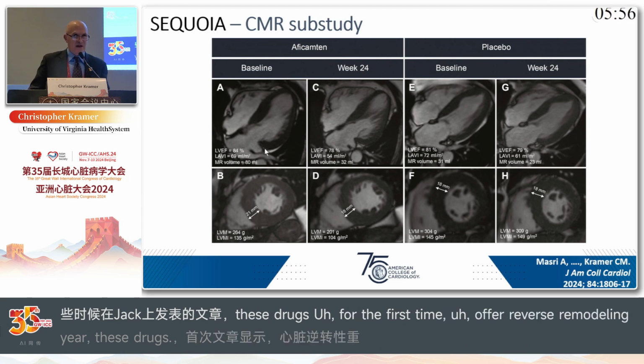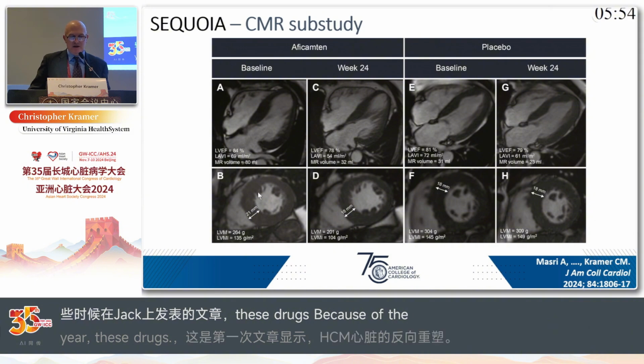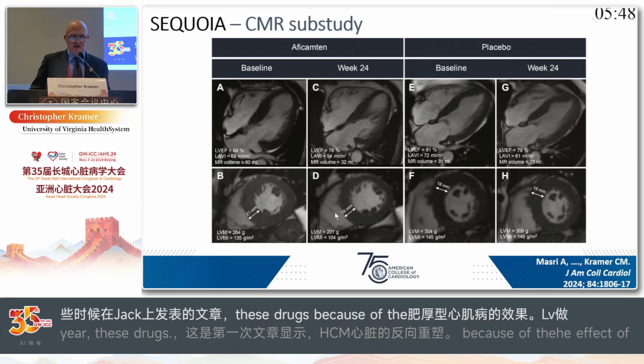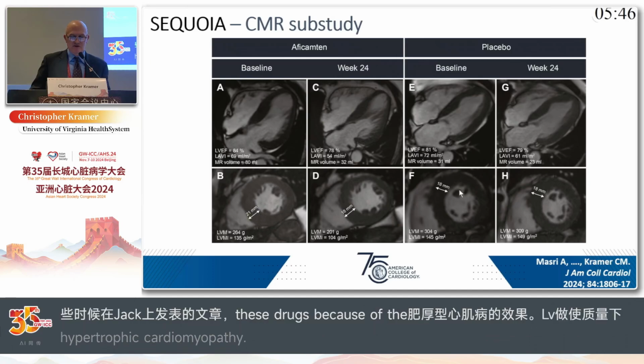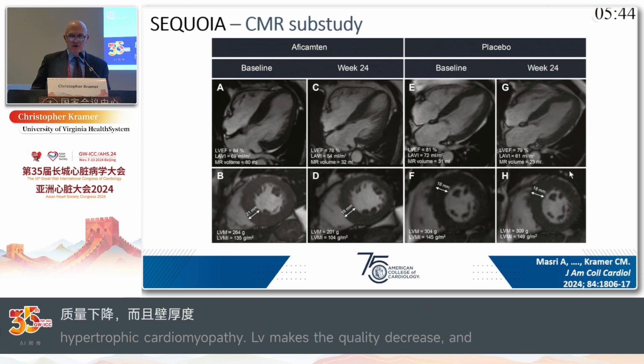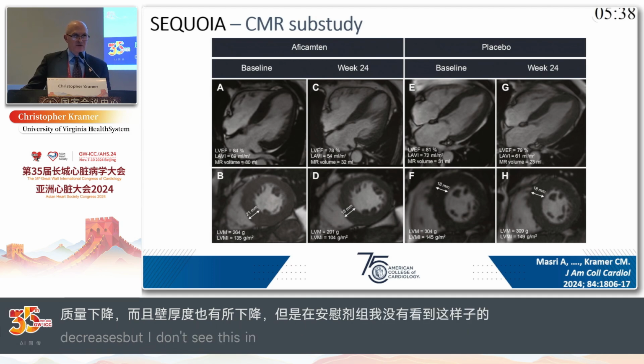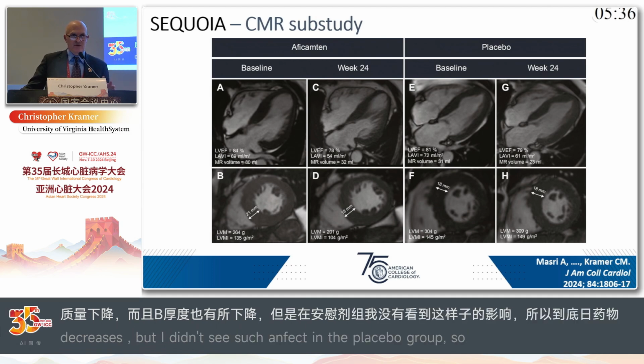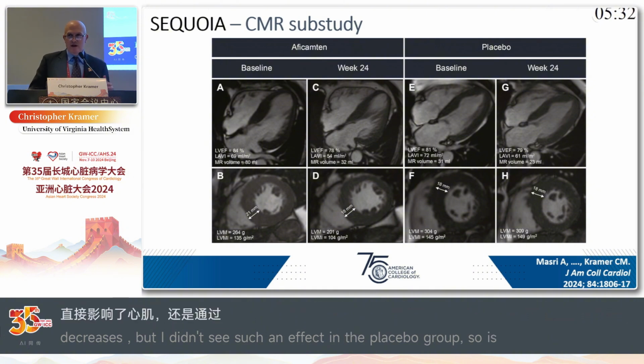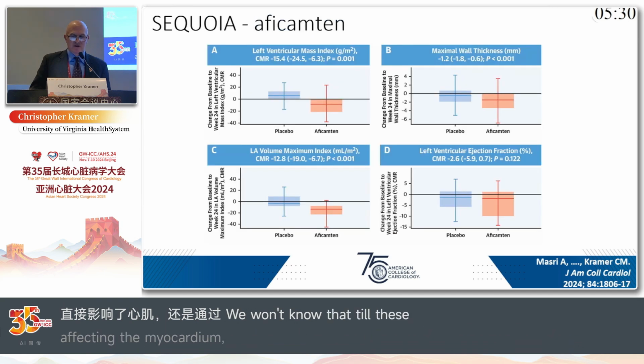Because of the reduction in the outflow tract gradient, the LV mass falls and wall thickness falls, as shown in this slide in this treated patient, where it doesn't change at all in placebo. Now the question is, is this a direct effect of the drug on the myocardium, or is it just because of the load reduction from the outflow tract obstruction relief? We won't know that until these drugs are used in non-obstructive HCM.